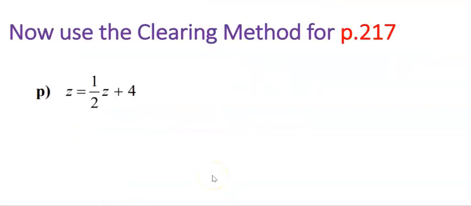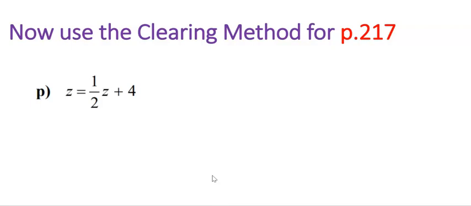If you remember this question from class on page 217, what we did here before we knew the clearing method is we subtracted half z from the right-hand side and moved it over and subtracted it from 1z on the left-hand side. And then we multiplied by the reciprocal in order to solve for z.